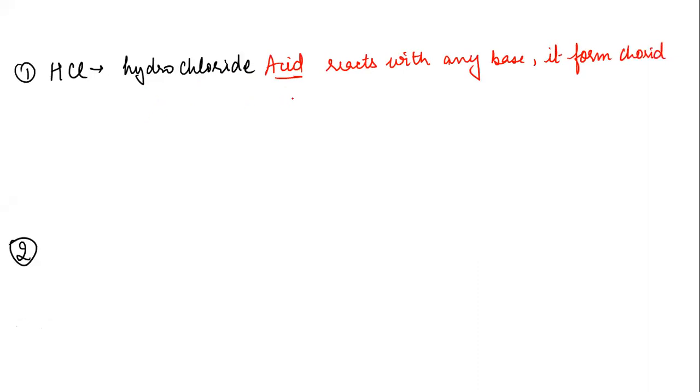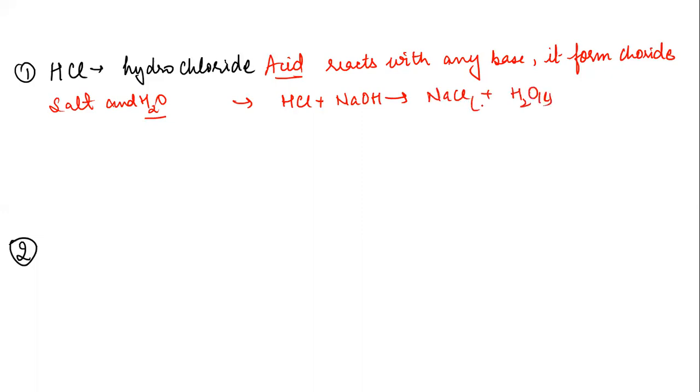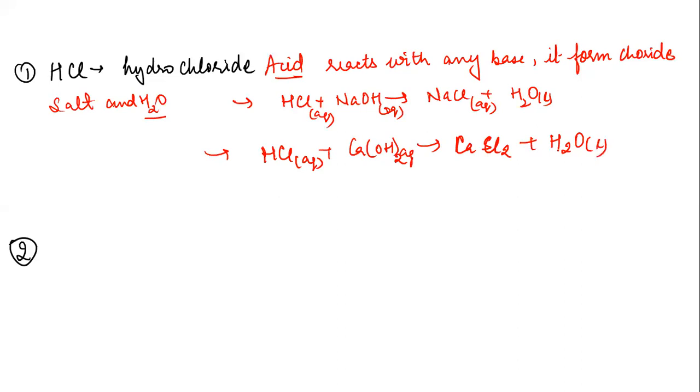For example, HCl plus NaOH gives you NaCl plus water. HCl plus Ca(OH)2 gives you CaCl2, that is calcium chloride, plus water.